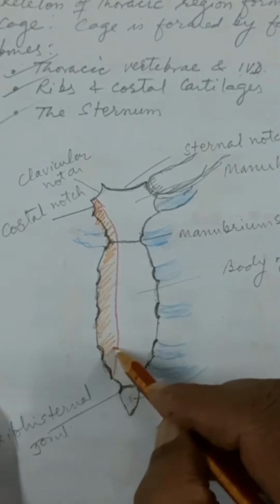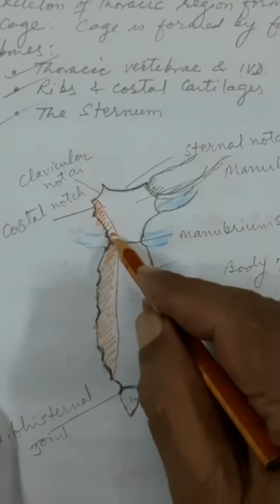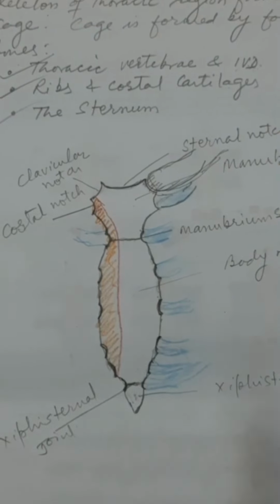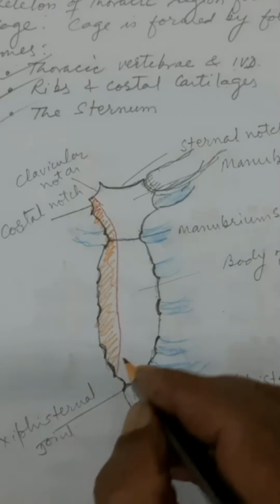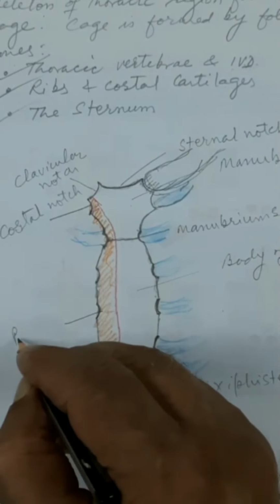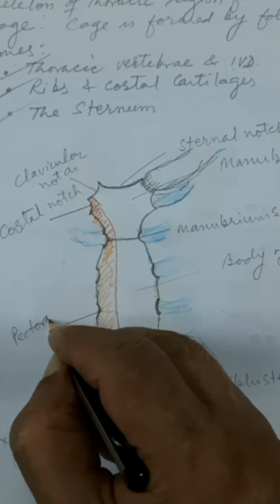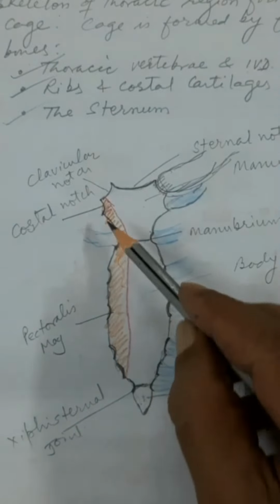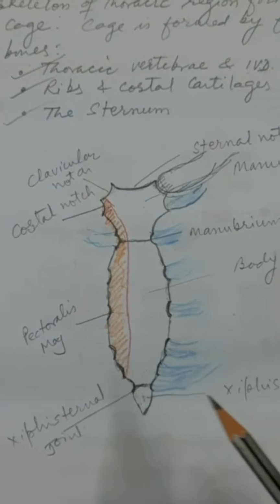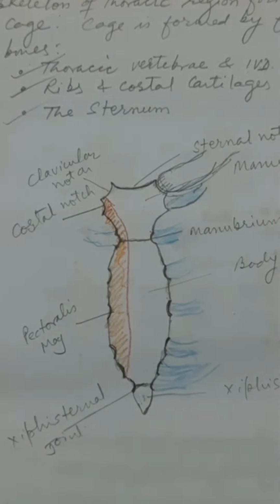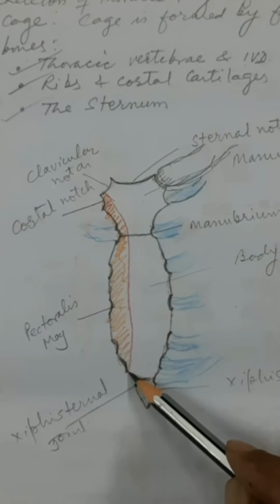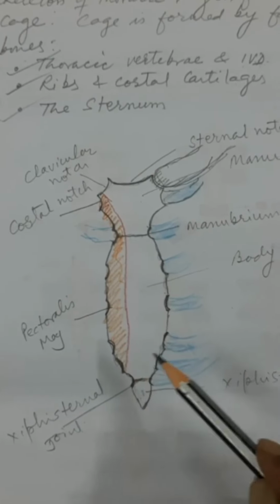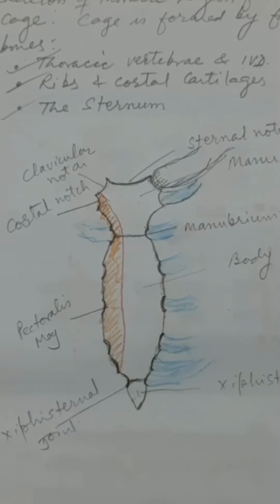This is the sternal head of the pectoralis major, as you must have read. So this is the origin of pectoralis major, right from the manubrium up to the lower end of the body of the sternum.